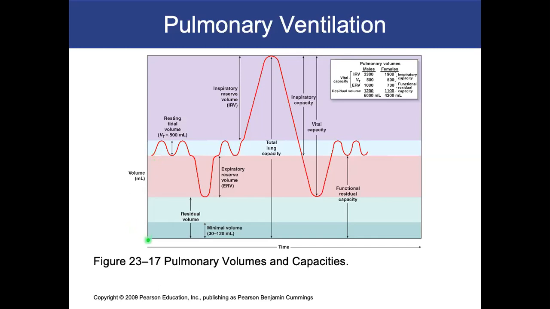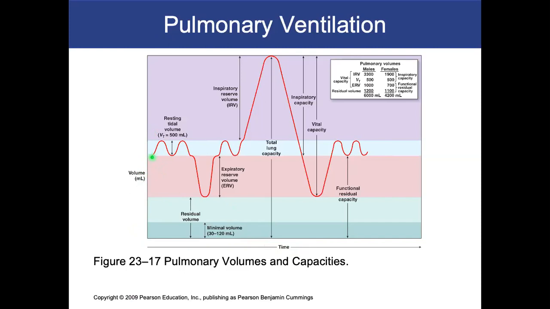All right, so if we look at our X and Y axis first, our Y axis is volume in mils, so this is volume of air moved. And this is time in seconds. So this is pulmonary ventilation, and this is called a spirogram.